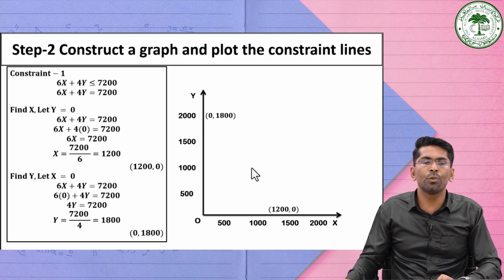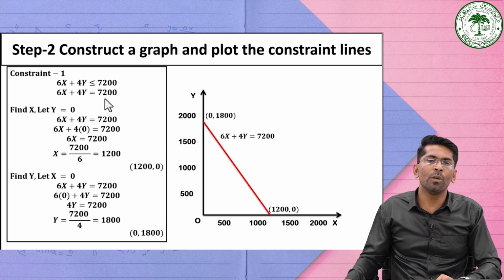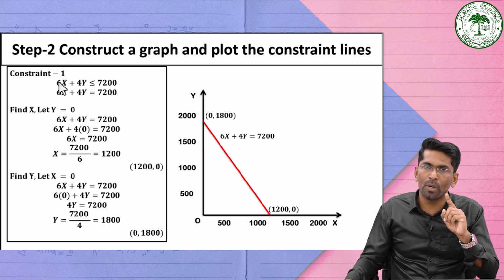I am joining these 2 points, and we get a straight line here. Now I am denoting this particular line as the first constraint, that is 6x plus 4y is equal to 7200. This line is showing constraint number 1, 6x plus 4y equal to 7200.